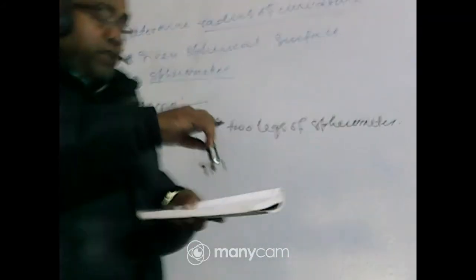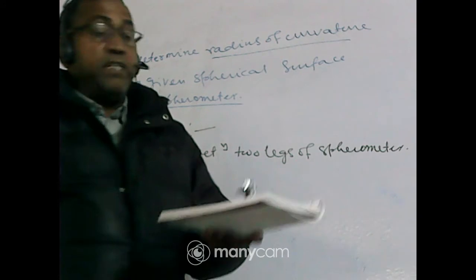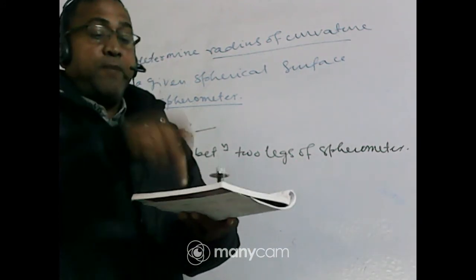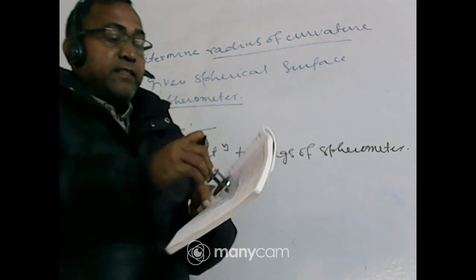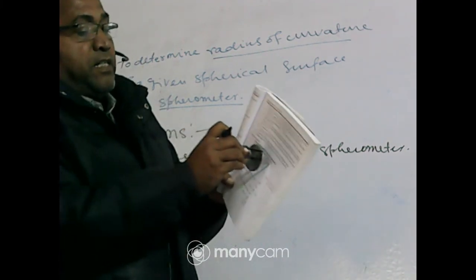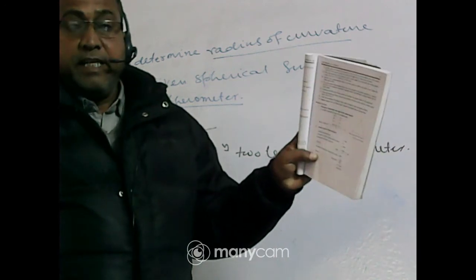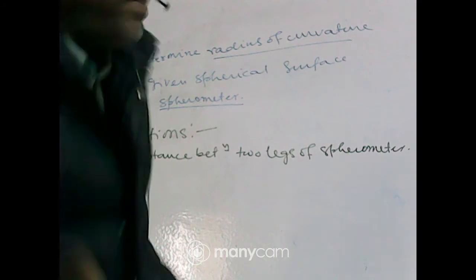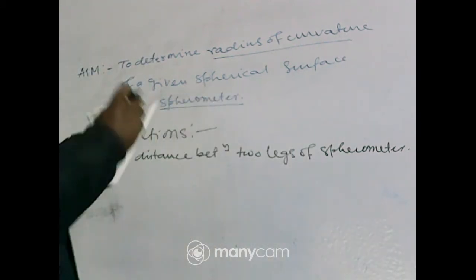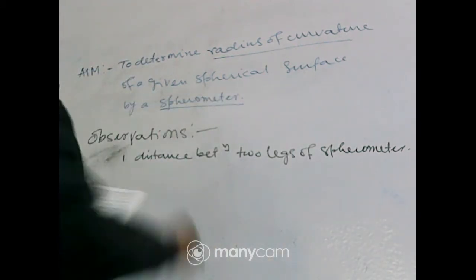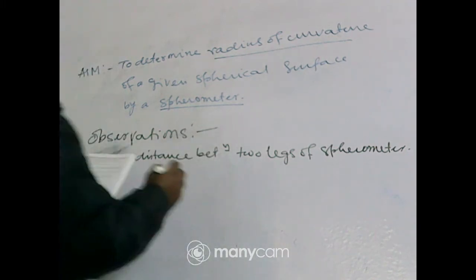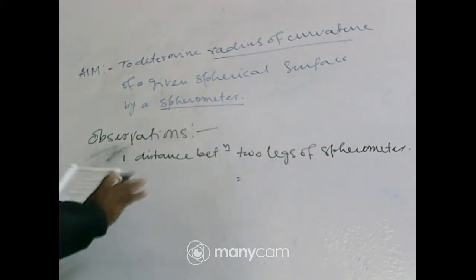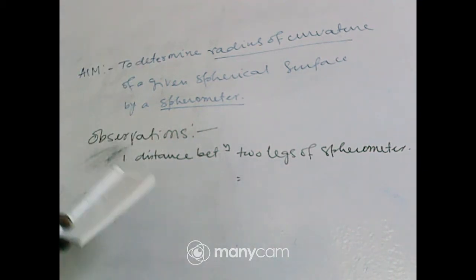So you just put the spherometer on the paper, and the three legs are pointed on the paper, and you measure. It is an equilateral triangle. So each side of the triangle means the distance between the two legs of the spherometer. You note it. That value you measure with the help of the scale.